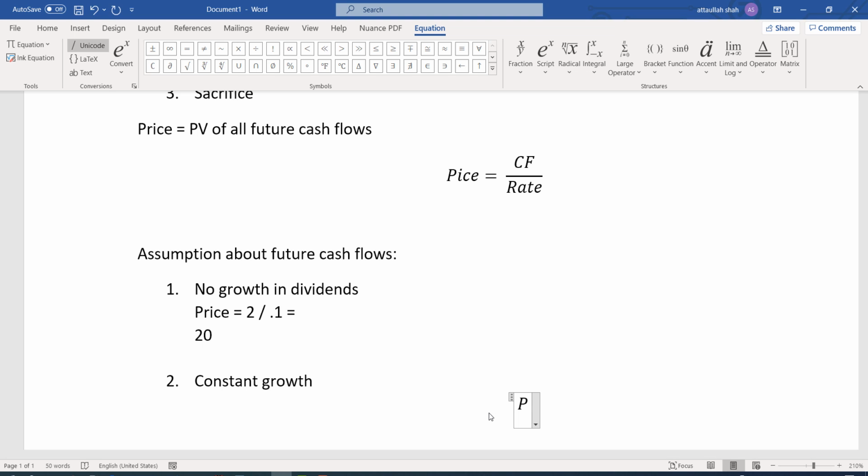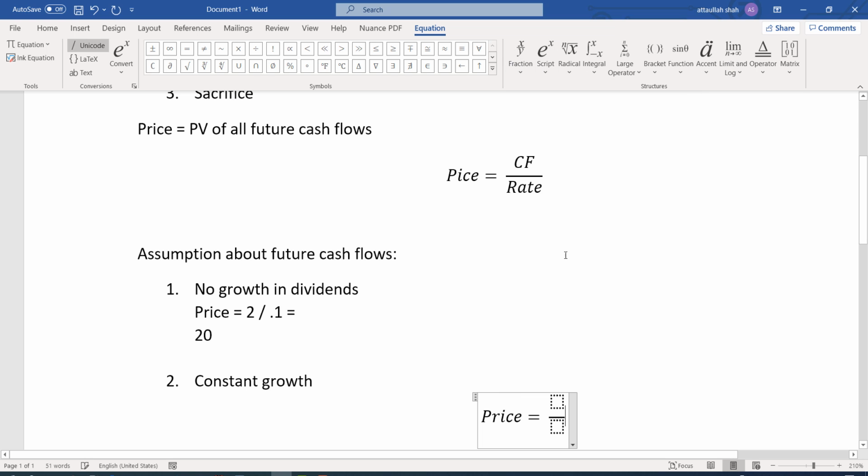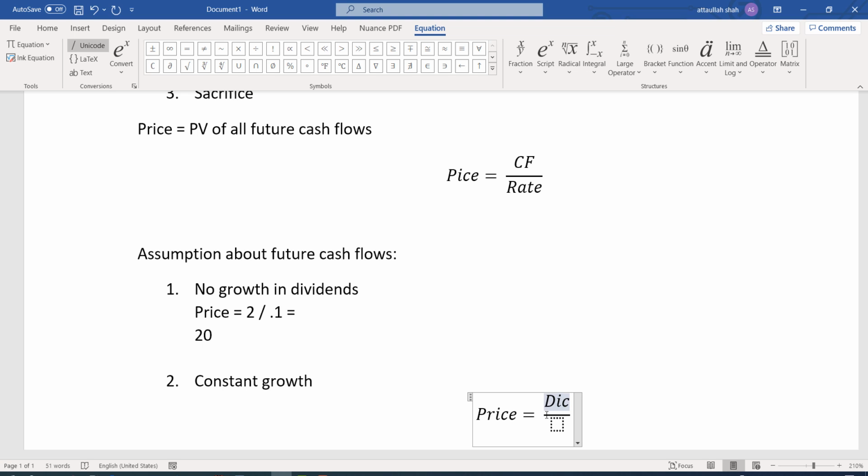So the model becomes: price of the share is equal to cash flows, that is dividend, today multiplied by 1 plus growth rate.